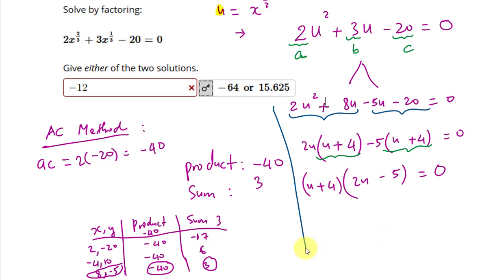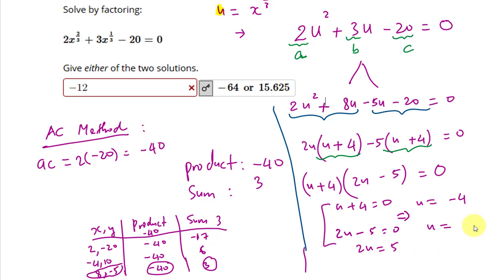Now we use the zero factor property to solve the equation. You let each factor equal 0. So u plus 4 equals 0, subtract 4 on both sides. For the other one, add 5 on both sides, and then divide by 2 on both sides, so u equals 5/2.